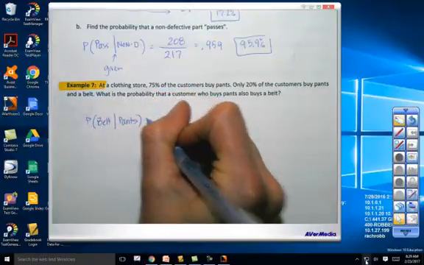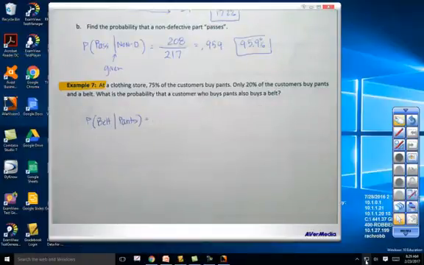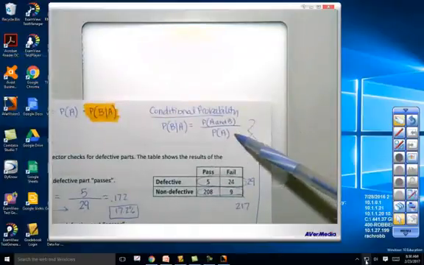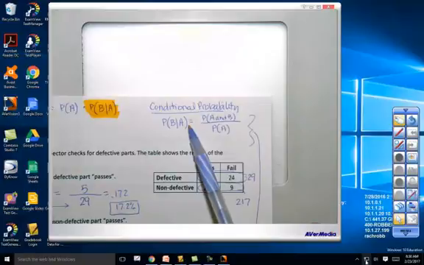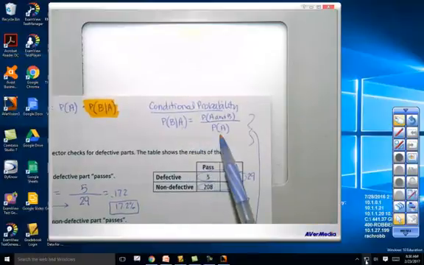I think that's going to be the trickiest part about setting it up, is knowing what they're really asking. We want to know that if they bought pants, what's the probability that they also bought a belt? So we only care about the people who bought the pants. And so on this one, we need to use this formula at the top of the page. This is why I put it in here. The probability of B given A, we take the probability of A and put it on the bottom.